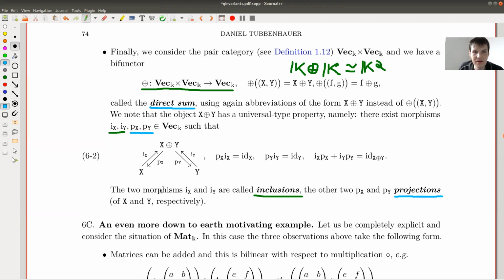The morphisms do exactly what you think they do. p_x goes from the direct sum to x, and p_y goes from the direct sum to y, and the inclusions go in the opposite way. And you observe that the following holds: if you include x into the direct sum and then project down to x, then this is actually the identity.